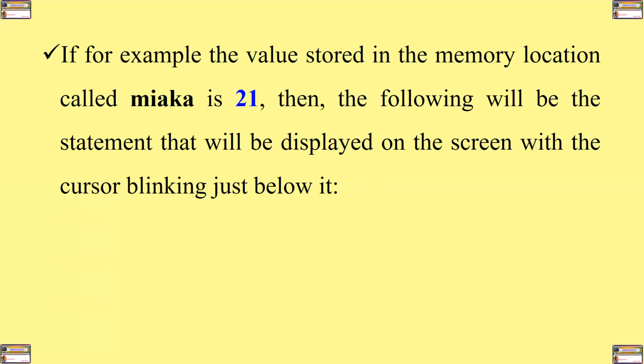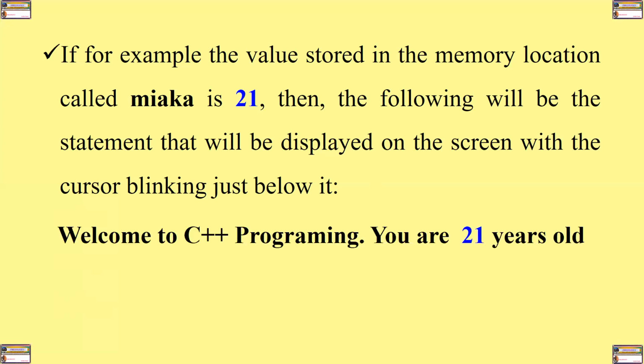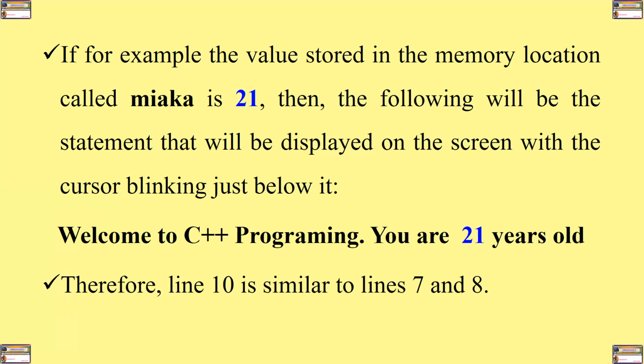So the following will be the statement displayed on the screen with the cursor blinking just below it: Welcome to C++ programming. You are 21 years old. That is the statement which will appear on the screen because cout simply says, write out the following sequence of characters on the screen, but remember to pick the value held in the memory location called miaka and display it in between are and years.